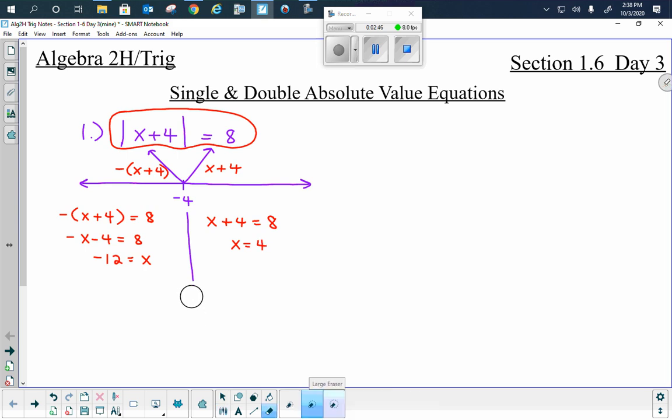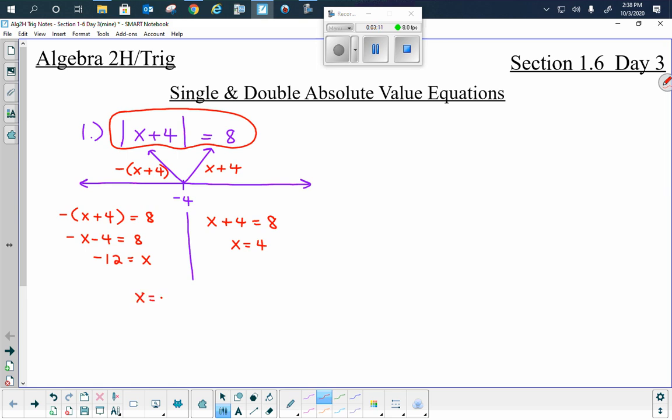Then our quick check, remember, is asking ourselves those correct questions. So is x equals -12? Does it lie in this region? Does -12 on a number line fall to the left of -4? And yes, it does.